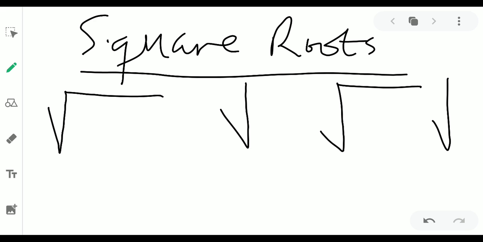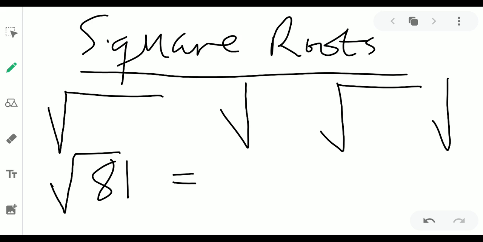Therefore, if you have been asked to find the square root of, let's say, 81, what this means is that you need to find two numbers that are the same, multiplied to get 81. I repeat it again.